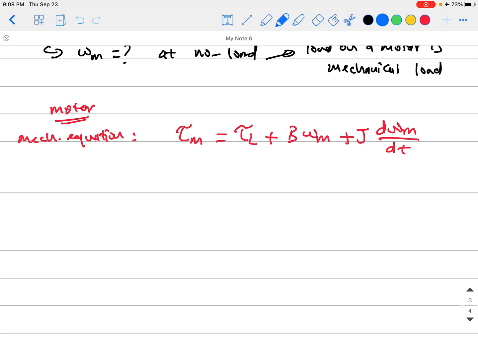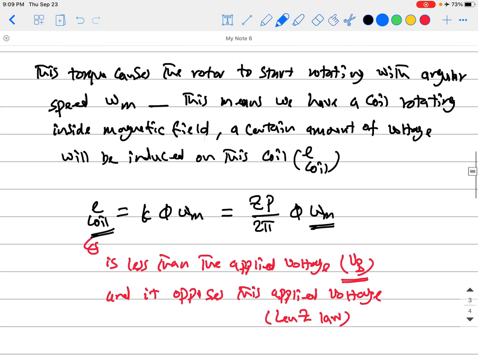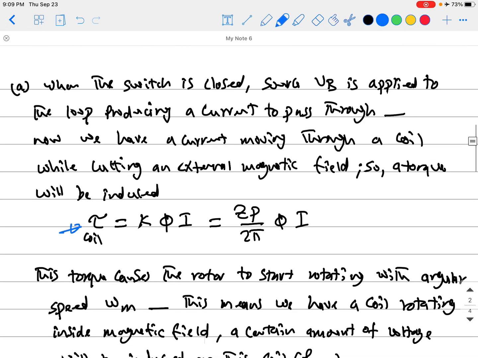What is all of this? This is the motor developed torque, or rotor shaft torque. Okay, that is the torque produced by your motor.